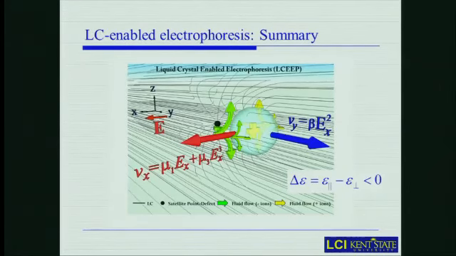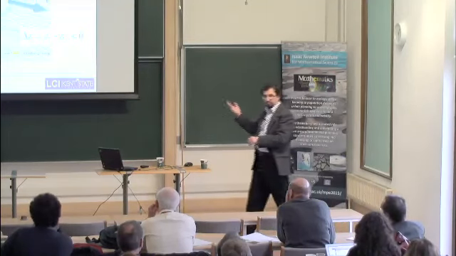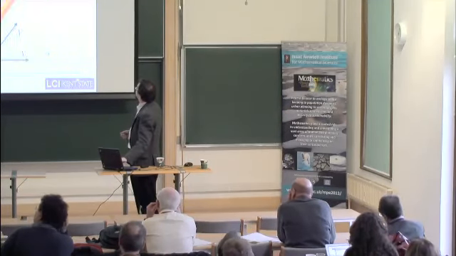And this velocity is proportional to the square of the electric field. So you immediately have an opportunity to use an AC field to drive the particle, and that is important because, for example, if you would like to create steady electrophoretic flows, you cannot use DC for that purpose. You can only use an AC field, and the liquid crystal allows you to do that.